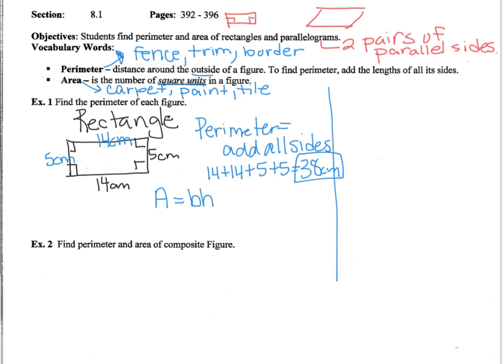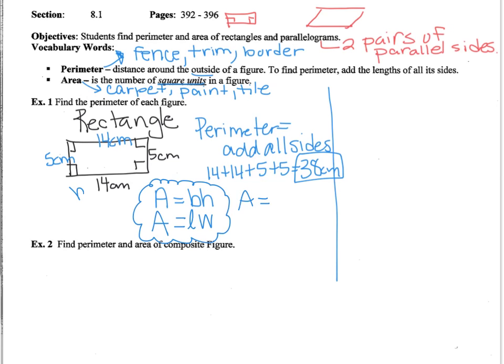Okay? All right, the area formula for a rectangle is base times height. So that's what we use now in our new book. If you grew up using length times width, that formula still works. It's still good. But base times height is kind of more generic words, and it fits in nicely with the other formulas that we use. So that's the only reason they changed up the vocabulary there.